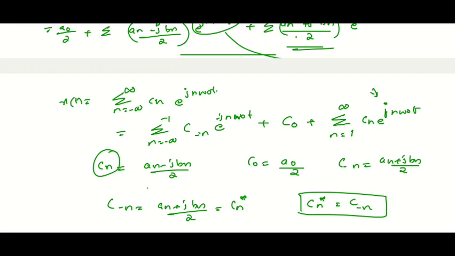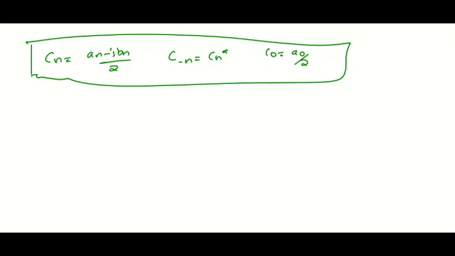Please keep everything in mind. So we can conclude Cn equal to an minus j bn divided by 2 and C of minus n equal to Cn star and C0 equal to a0 divided by 2. So this is the conclusion.